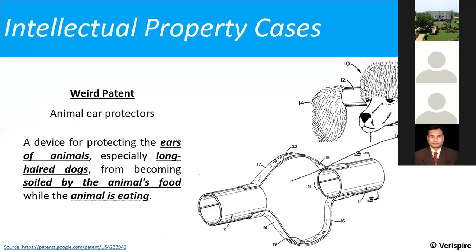I was saying that you don't have to have a complex invention. A simple invention can also be patented, like this animal ear protection system: two cylindrical elements with a strap, used to protect the animal's hair from falling into the food.